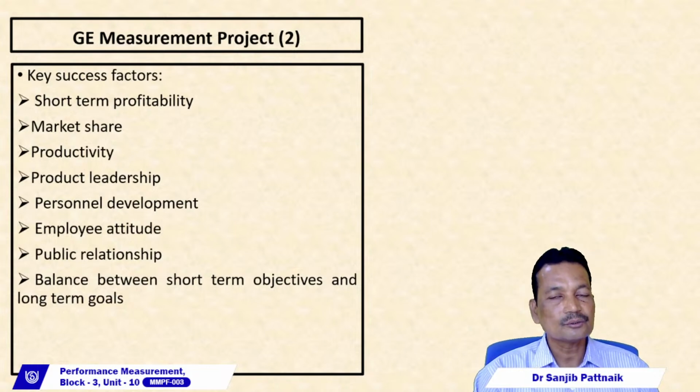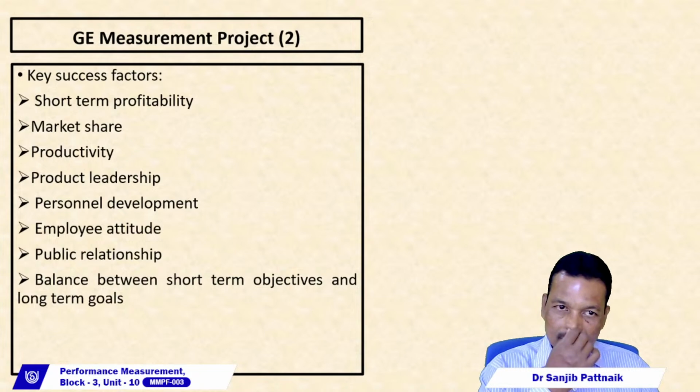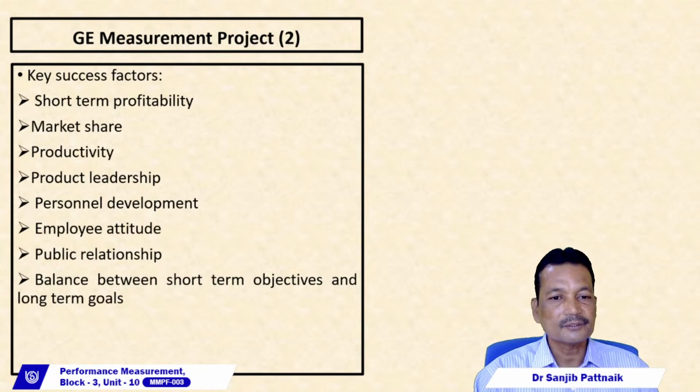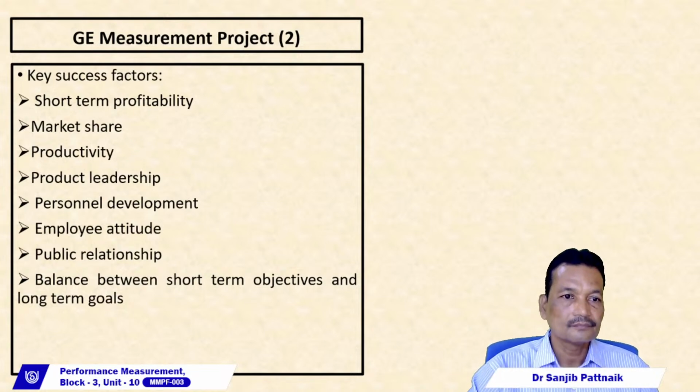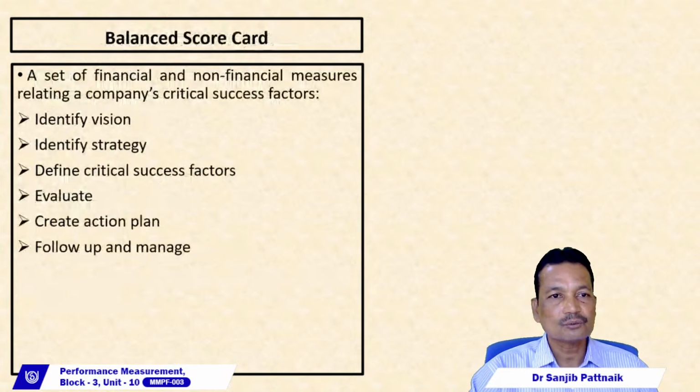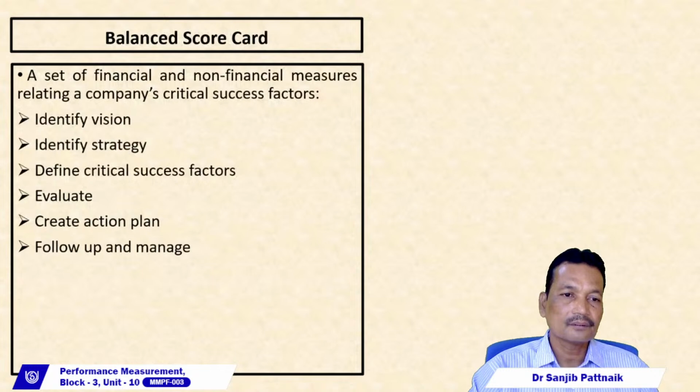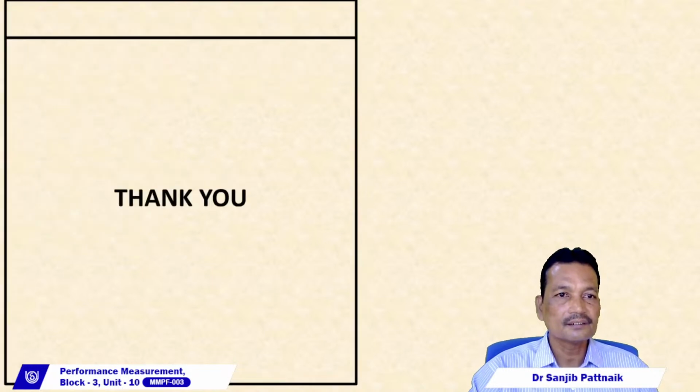The organization should have public relations, by performing certain duties towards the public, and there should be a balance between short-term objectives and long-term goals. Here we have already seen the balanced scorecard. So the balanced scorecard can be a technique that we can use here.